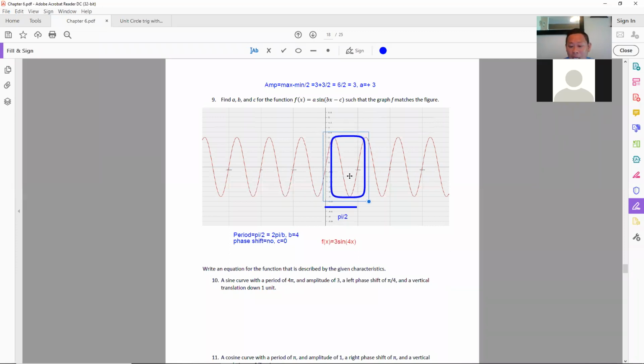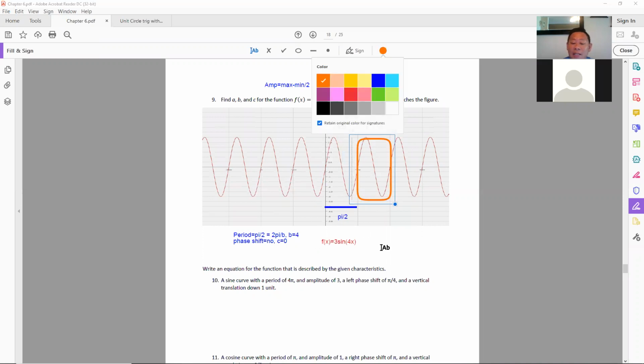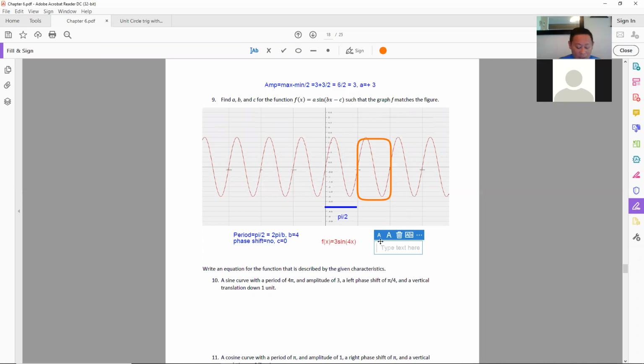Let's say you move the box over here, then we have a phase shift. If you move your box to the orange one here, your phase shift in this case will be pi over 2, since we moved pi over 2, and the formula for phase shift is C over B.